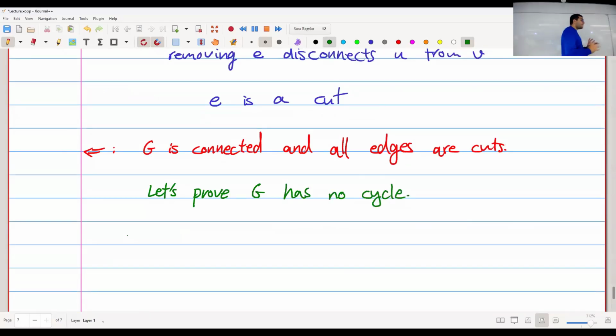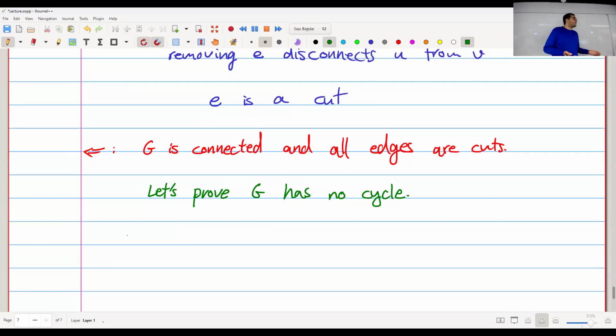But we had this other theorem, if you remember, which told us when an edge is a cut. There was this theorem that said an edge is a cut if and only if it is not part of any cycle. Right? So I'm saying that all of my edges are cuts. If all of my edges are cuts, it means that none of my edges appear in any cycle.